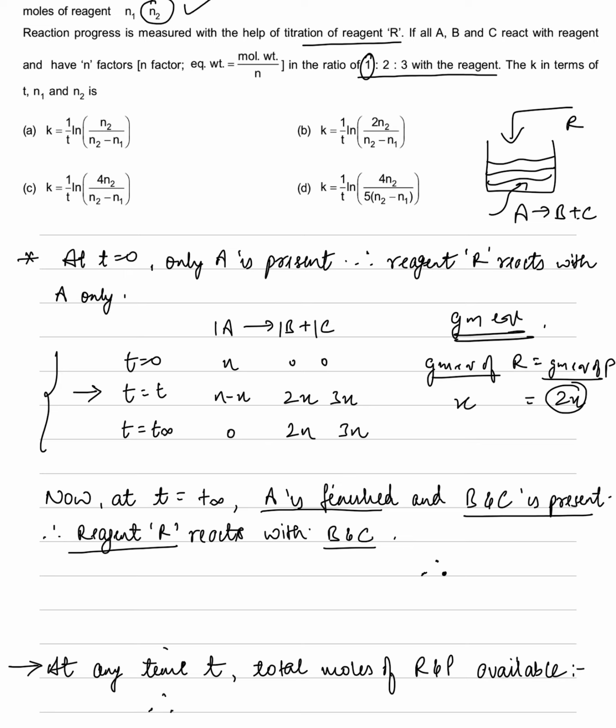If you look at the question, N2 moles of reagent are used at t equal to infinity. That means N2 is equal to 5n. From where did this 5n come? This is equal to the sum of the gram equivalents of B and C. So if N2 is equal to 5n, from here we can easily calculate n. n is equal to N2 by 5. This is our first equation.